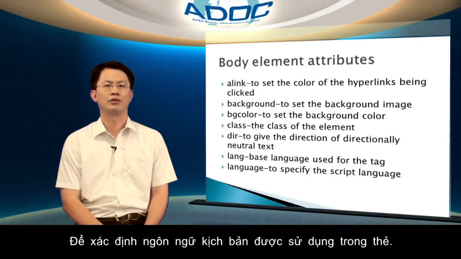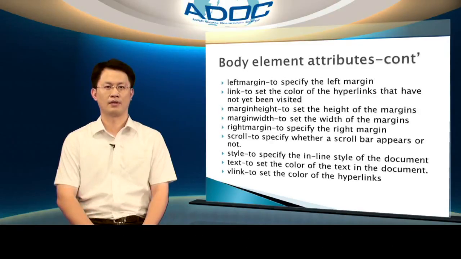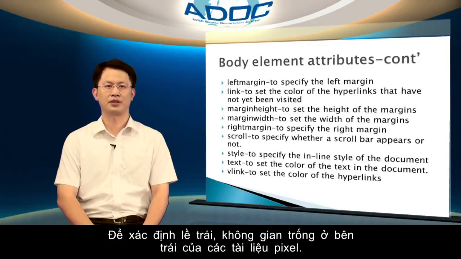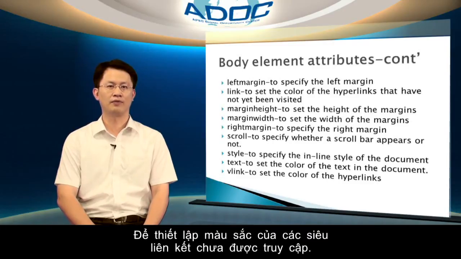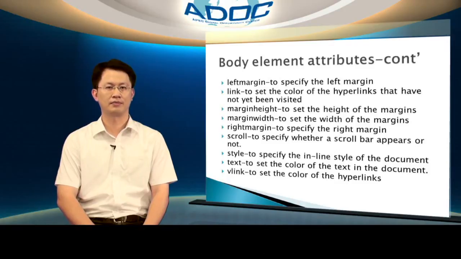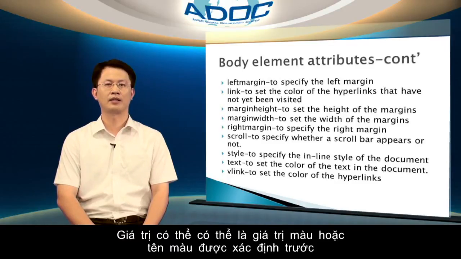Language, to specify the script language used in the tag. Leftmargin, to specify the left margin, the empty space at the left of the document in pixels. Link, to set the color of the hyperlinks that have not yet been visited. Possible value can be the color value or the predefined color name.